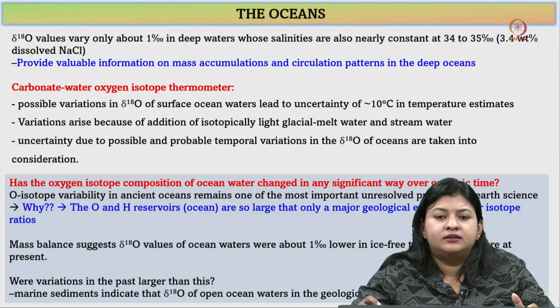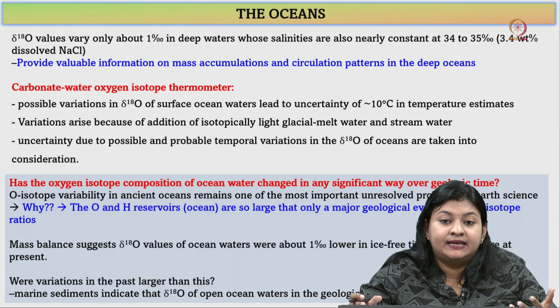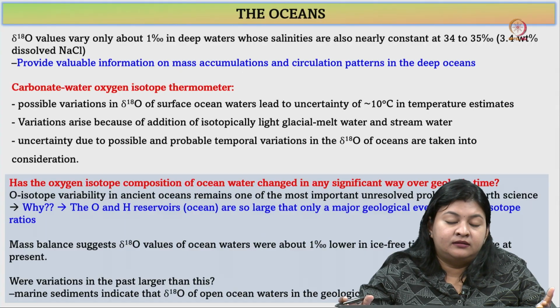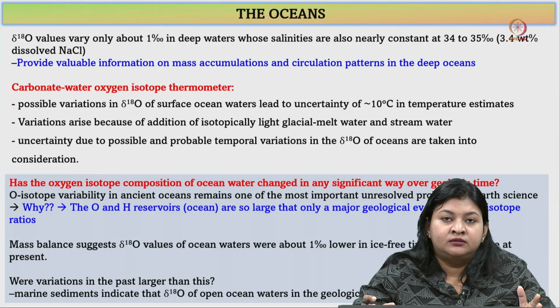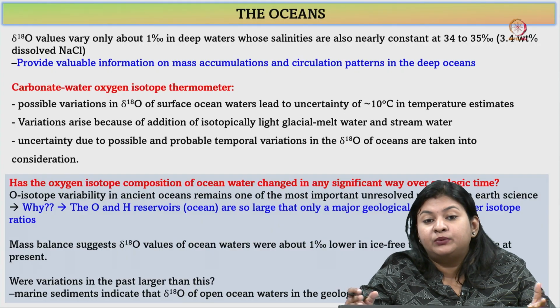And what are some of the main questions that we are interested in understanding when we are using delta 8 as a source tracer, as a time tracer? What are the main questions that we ask?